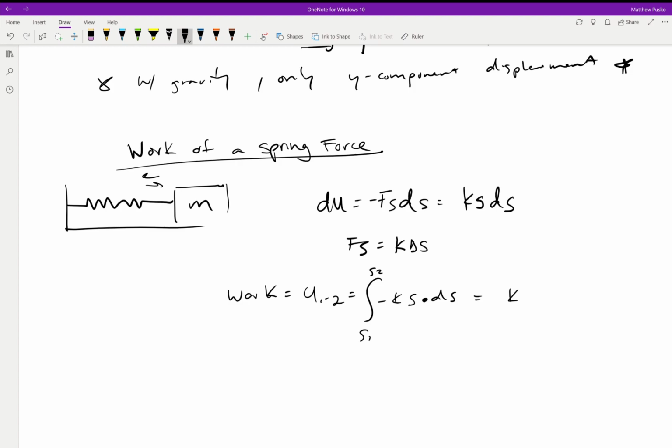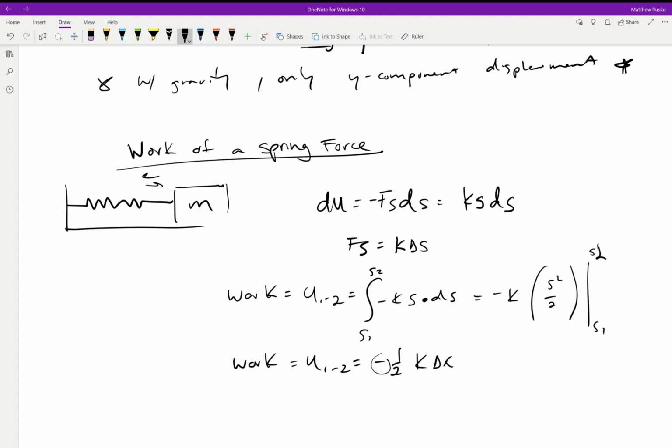The k is a constant and can come out, and then we get s squared over 2. We need to evaluate from s2 to s1. And we get the work, or U, from 1 to 2, that's minus 1/2 k delta x squared.